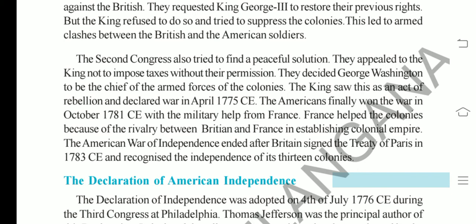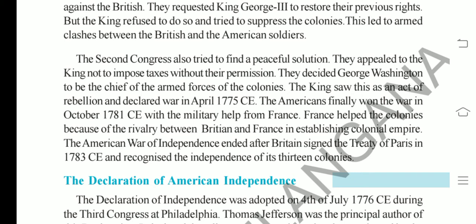The France treasury was also exhausted. Louis was the king of France, and Louis helped the American people by sending the military of France. So keep that point in mind.